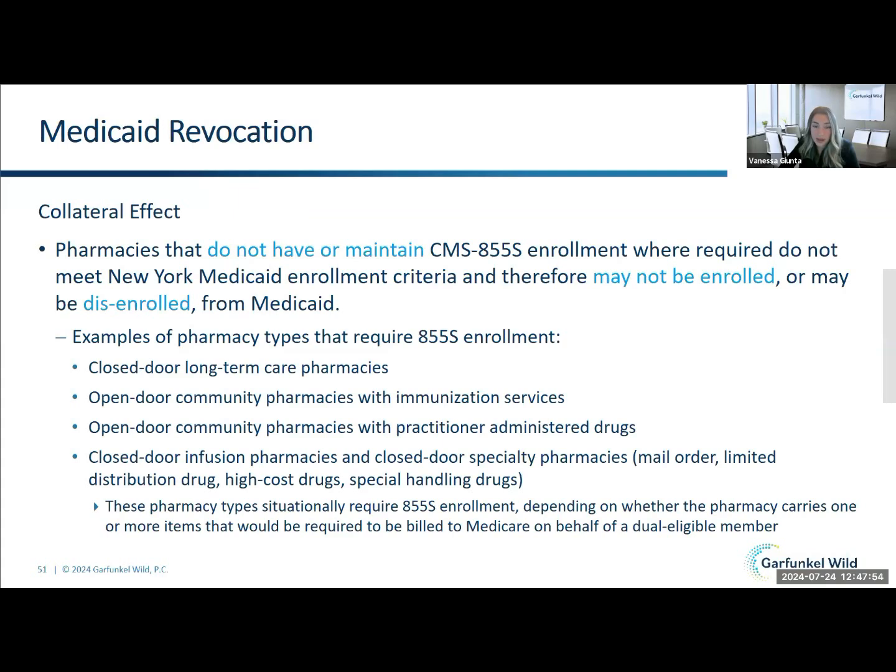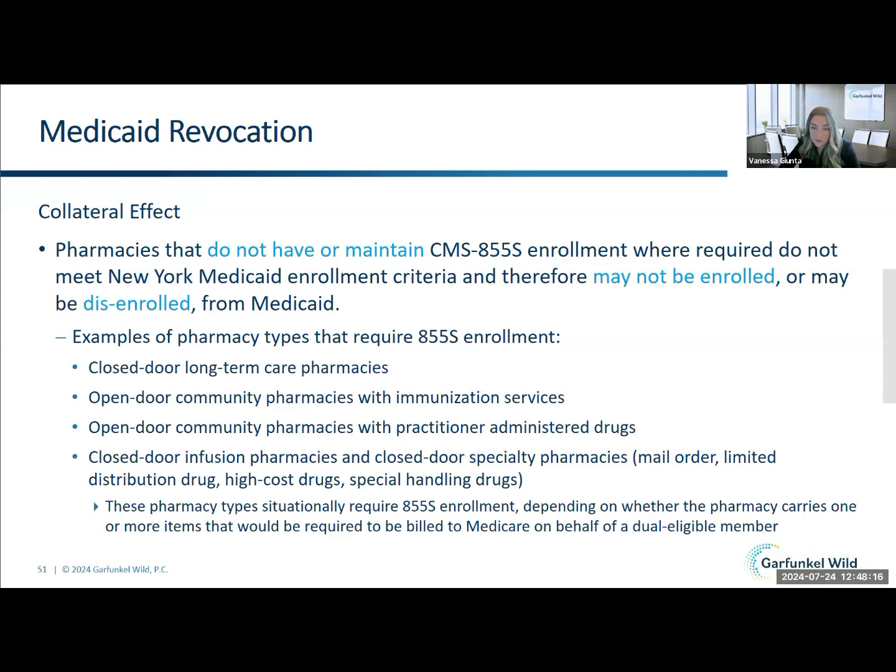And then the collateral effect of Medicaid disenrollment. So pharmacies that don't have or maintain 855S enrollment with Medicare, when it's required for their pharmacy type, may not meet New York State Medicaid enrollment criteria. And then the collateral effect is that you could be disenrolled from Medicaid as well.